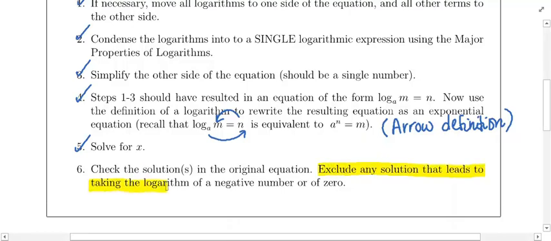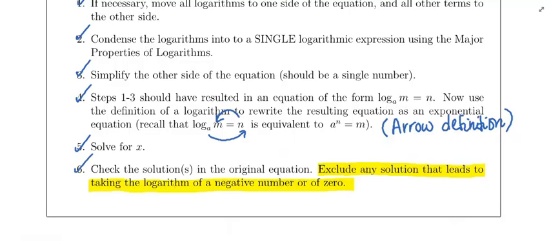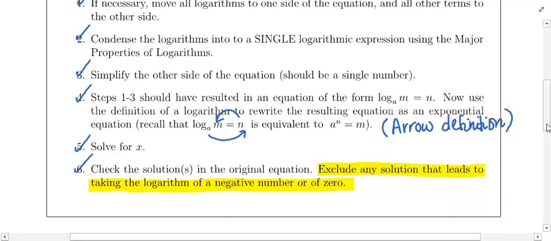Remember that you have to check your solutions after solving a logarithmic equation, because you may end up with something that looks like a solution, but once you plug it back into the original equation, it causes you to take the logarithm of a negative number or of 0, and that's bad, so you have to get rid of it. So let's try some of these out.